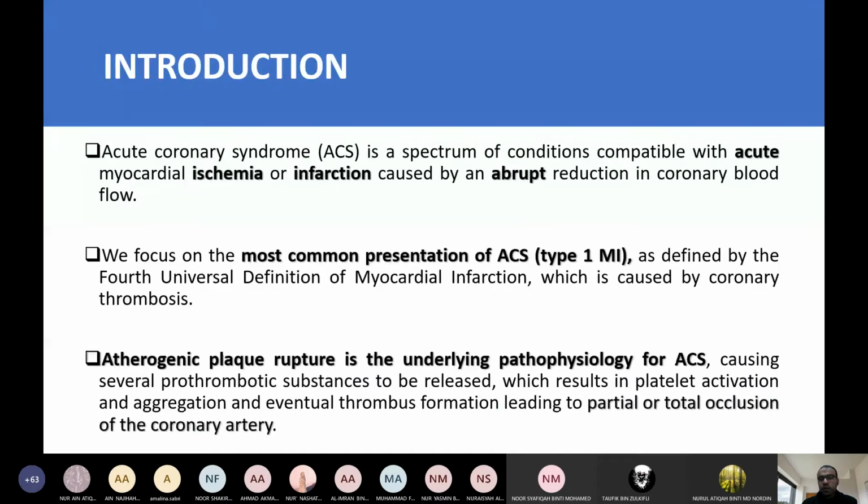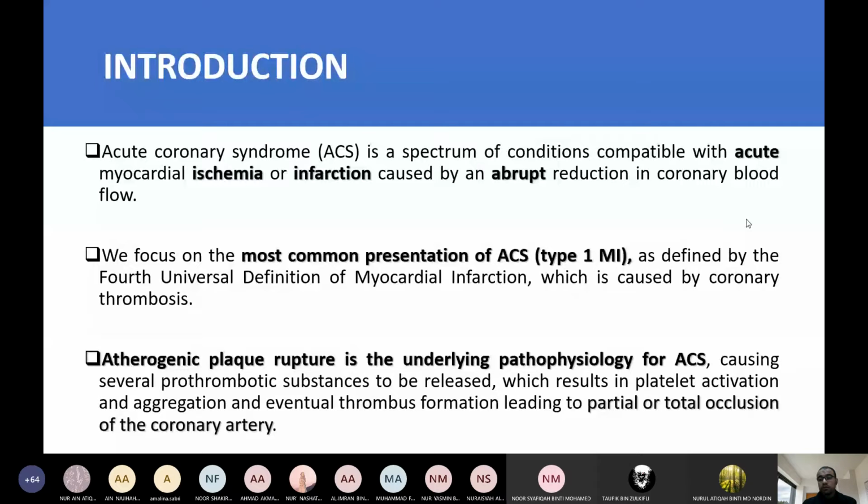As I highlighted in the very beginning, when we talk about atherogenic plaque rupture, this is very important, the rupture. If the atherogenic plaque is stable, we don't have any acute coronary syndrome. The cascade of the clinical presentation of acute coronary syndrome is triggered by the rupture of this atherogenic plaque.